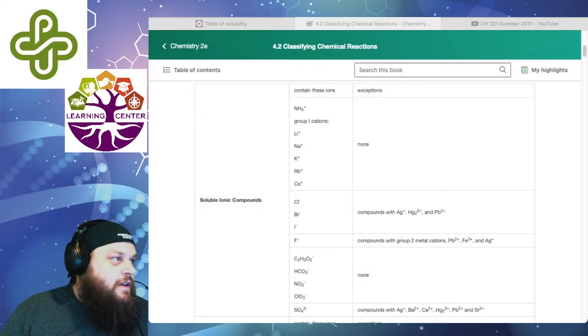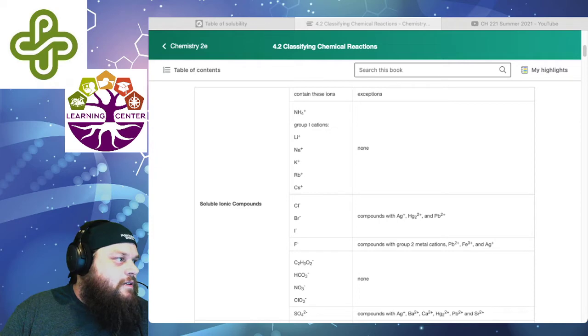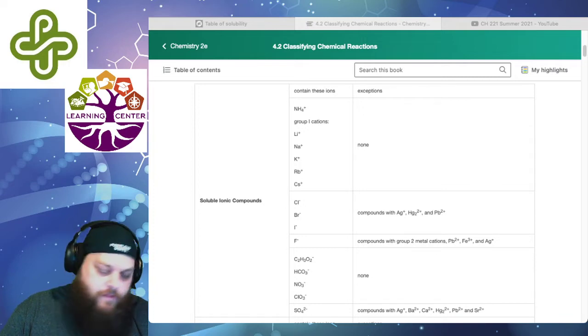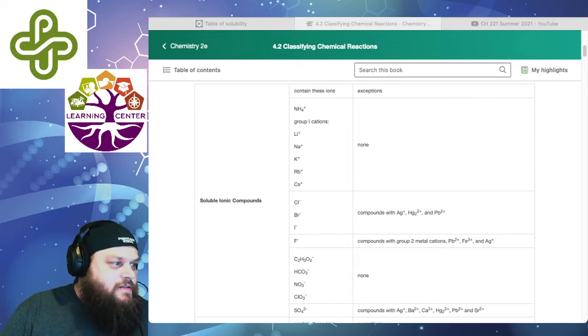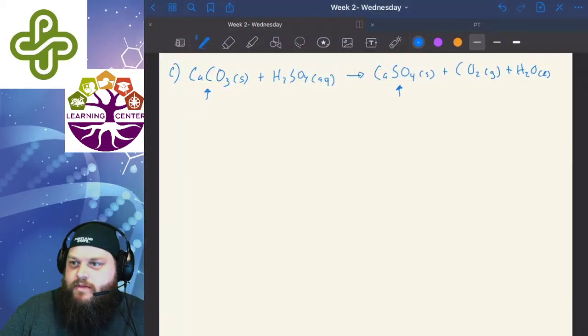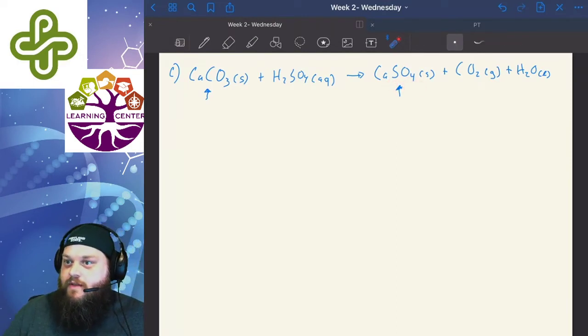This is the table in your textbook, and you see these ions right here, usually the positive, sometimes the negative ions. If they contain those, they're going to be soluble, with a few exceptions. One of them, SO4, is one of the ones we're dealing with here on the product side. And when that is around calcium, it's not soluble. So we're getting that in our product. That's what we have going on over here. So that's good. It's precipitating out of solution.